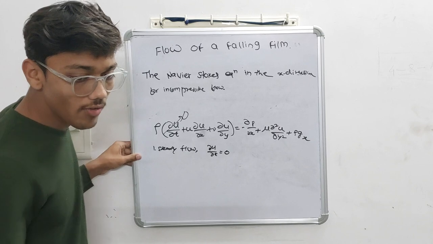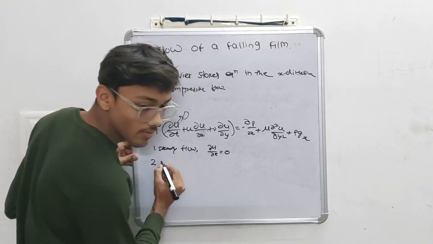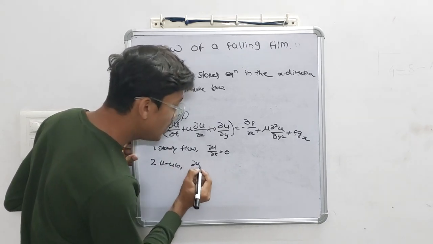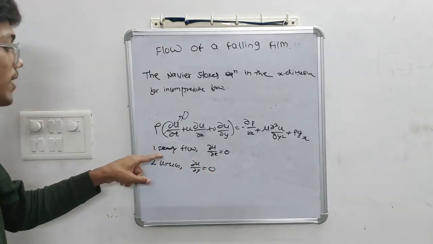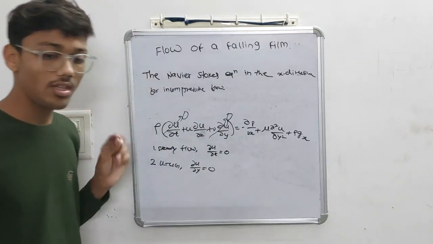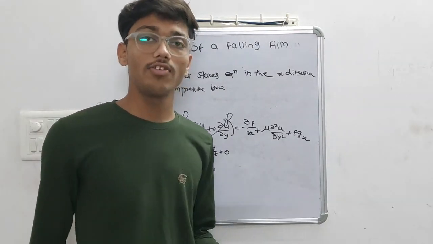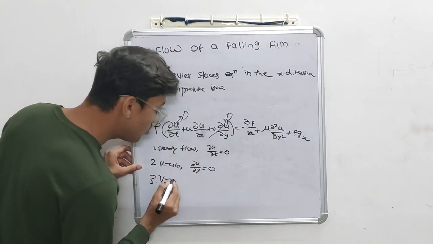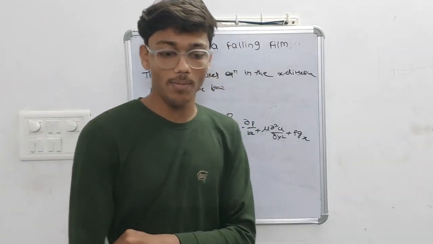Second, fully developed flow, u is a function of y, so du by dx is also 0. Third, v equals 0 because there is no vertical velocity component.